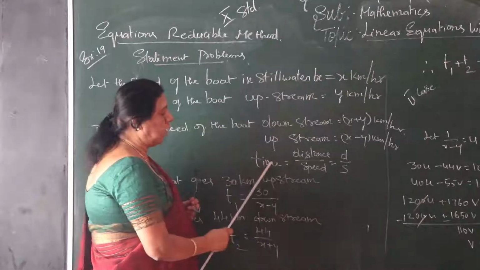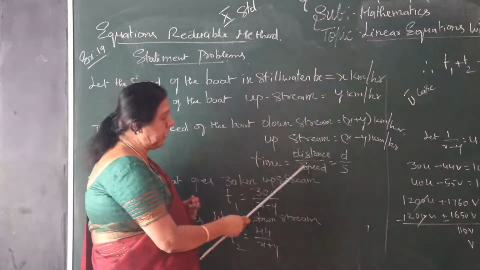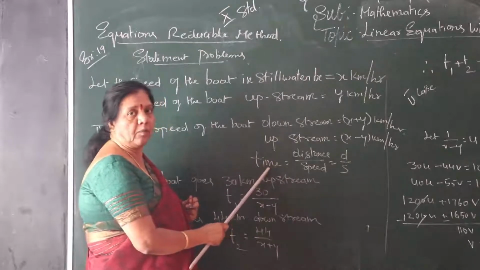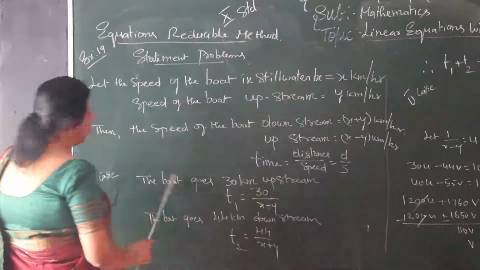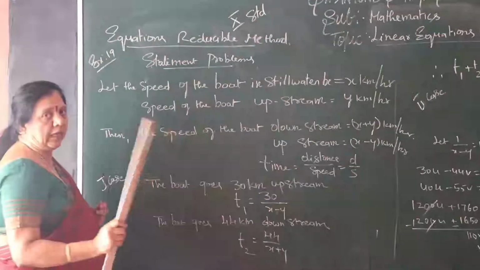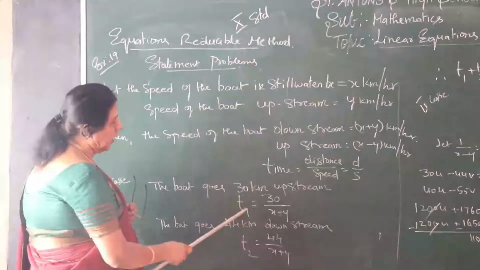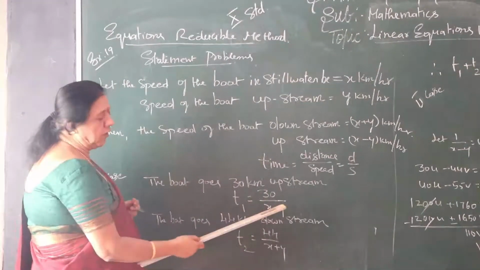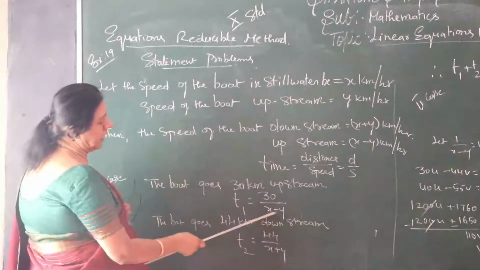Here also, the boat goes 30 kilometer upstream. Therefore, T1 is equal to distance 30, speed we don't know, that will be x minus y.